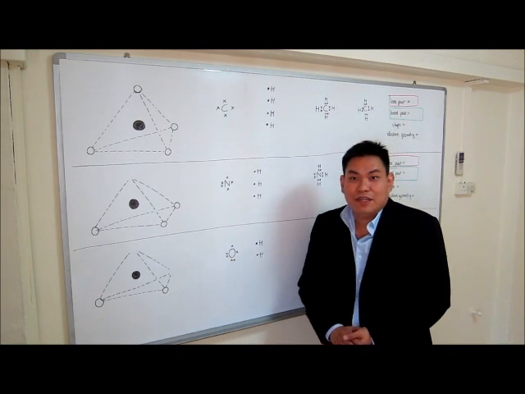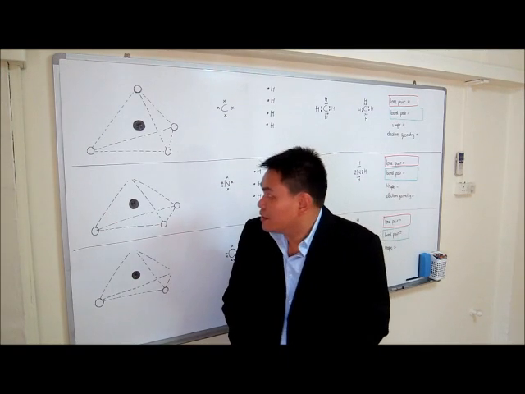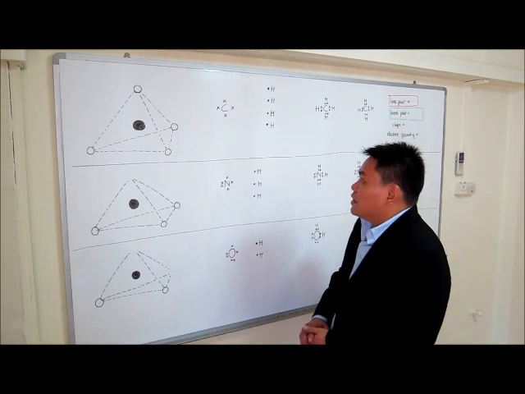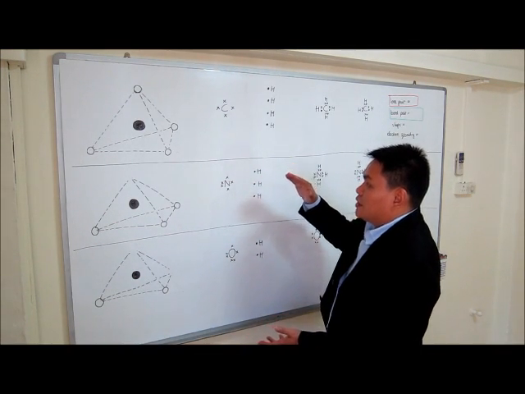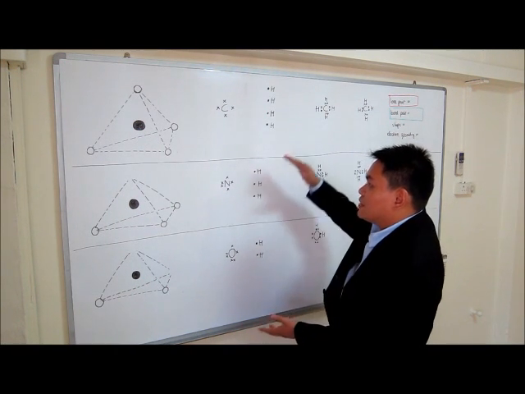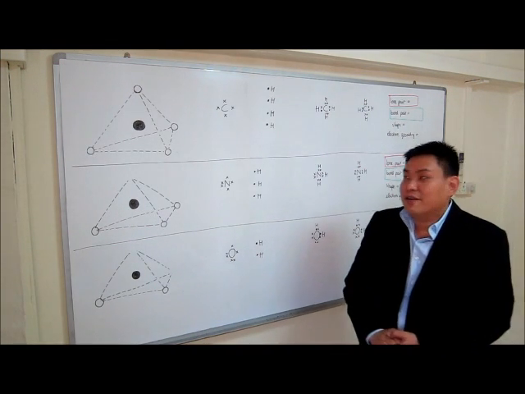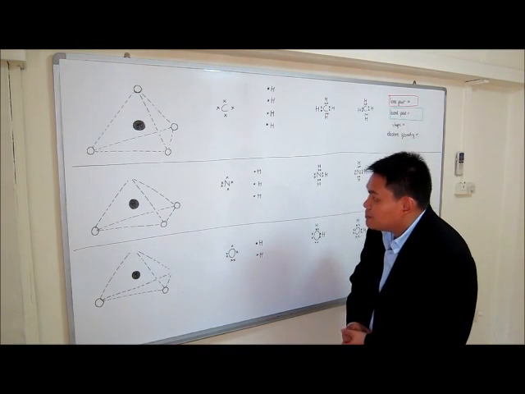As we know, VSEPR stands for valence shell electron pair repulsion theory. Today I want to explain one of the simple VSEPR shapes.